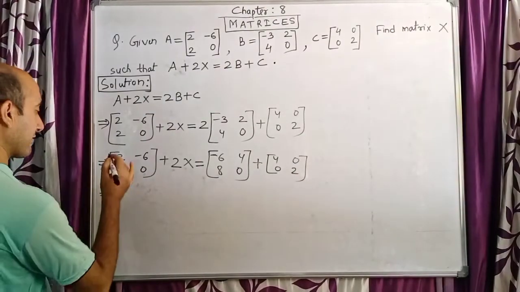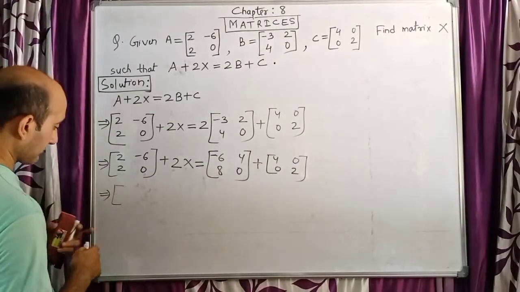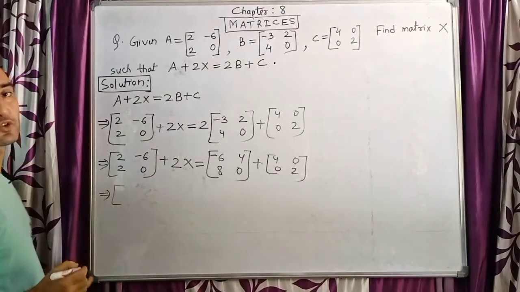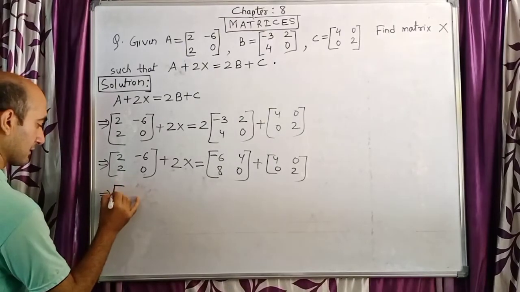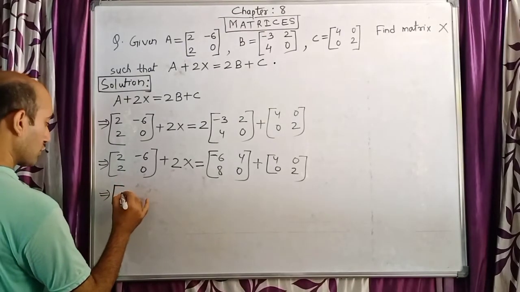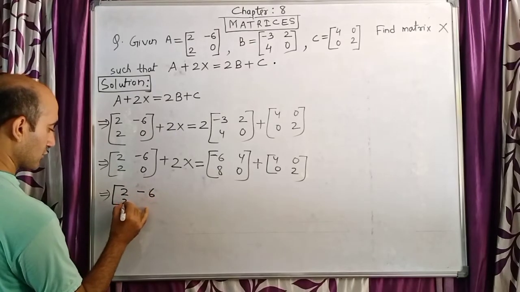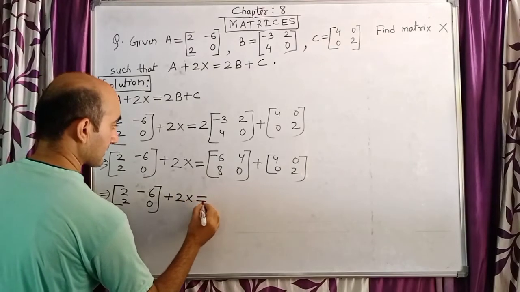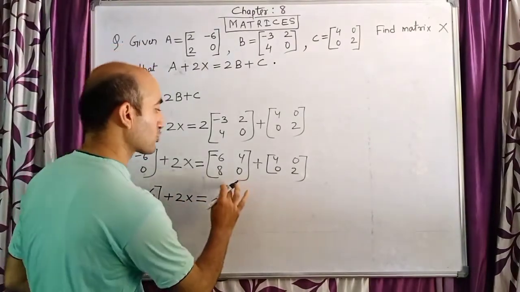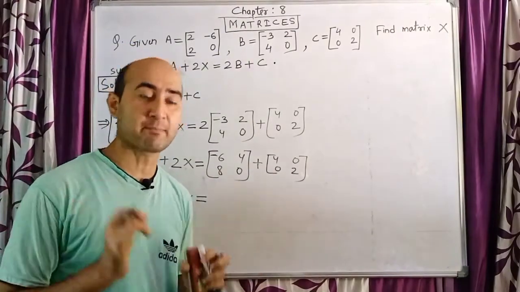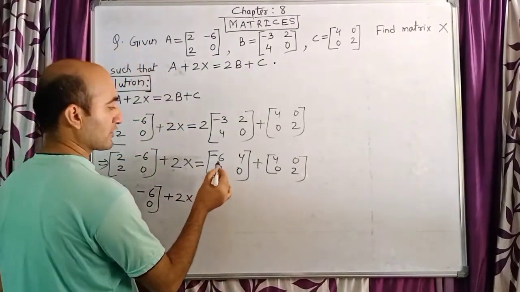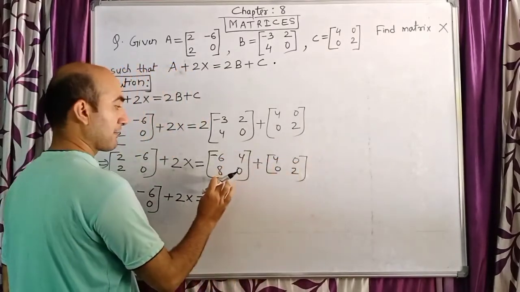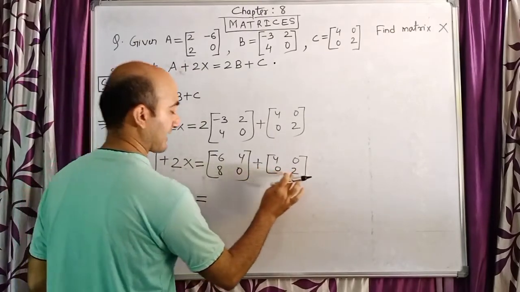So now I will write the same thing here: 2, -6, 2, 0 plus 2X. Now it's time to add these two matrices. It's very important how we add matrices. While adding, the first element is added with the first, the second element with the second, the third with the third, and the fourth with the fourth.